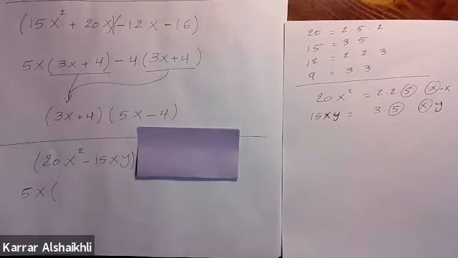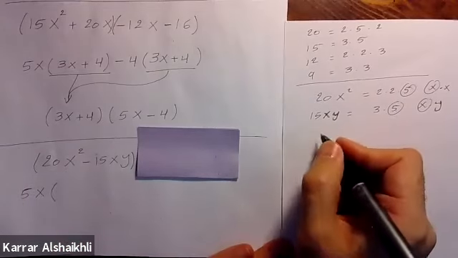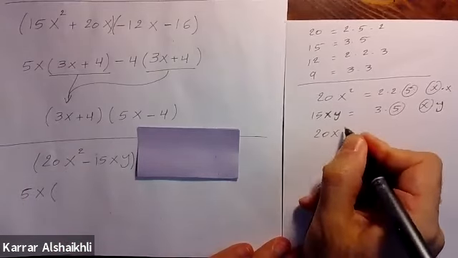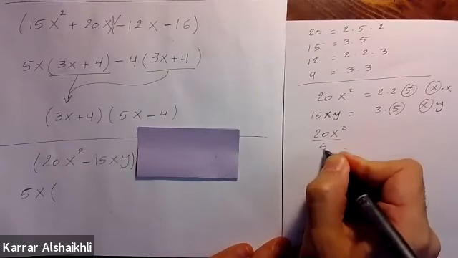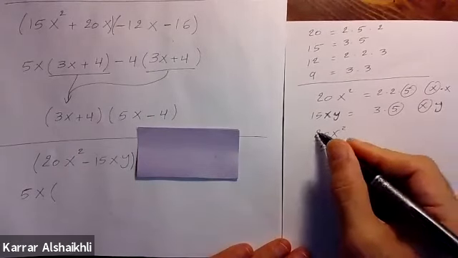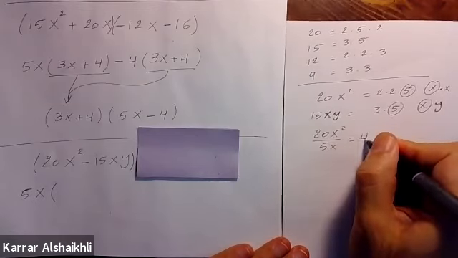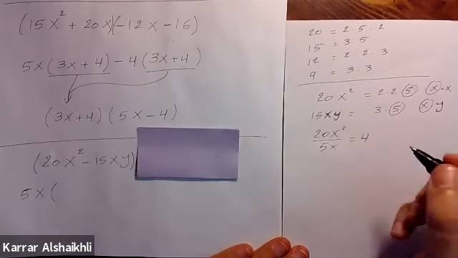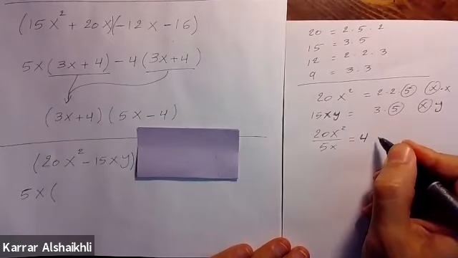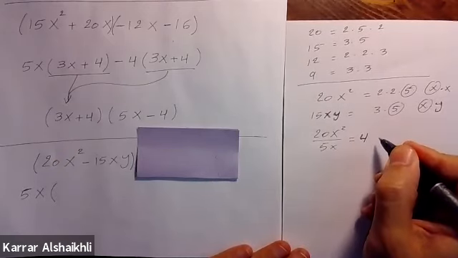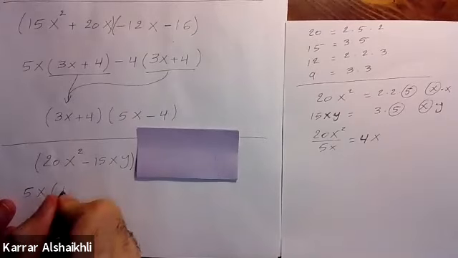Now we're going to divide. 20x squared divided by 5x. 20 divided by 5 is 4. X squared divided by x is x. So it's going to be 4x.